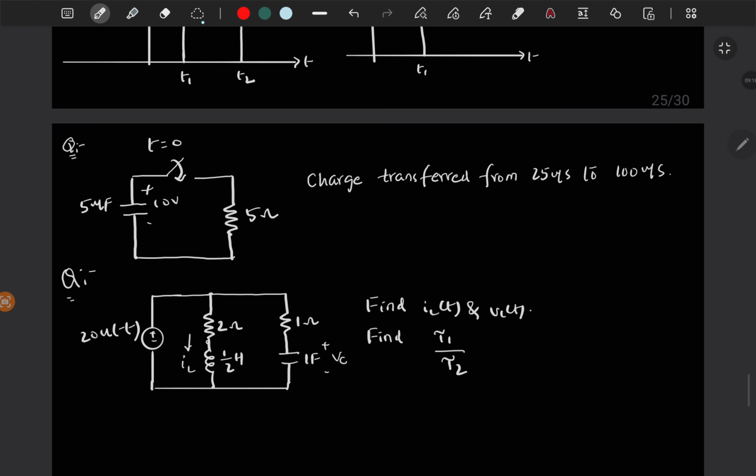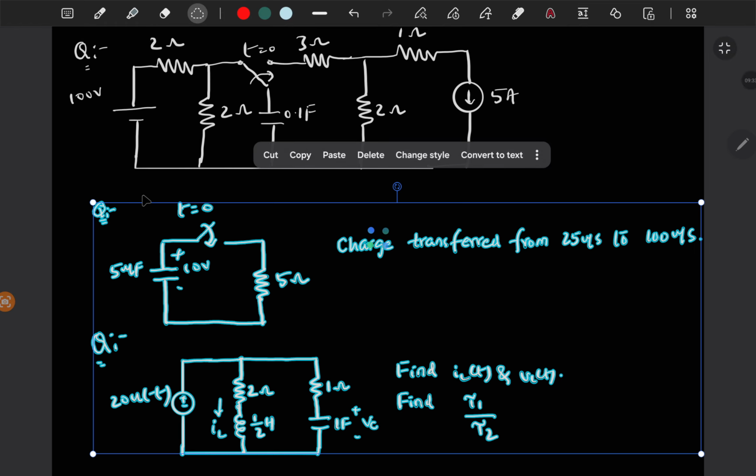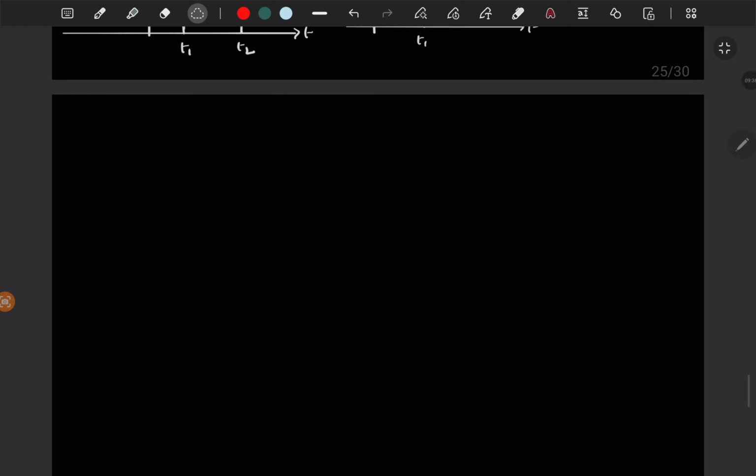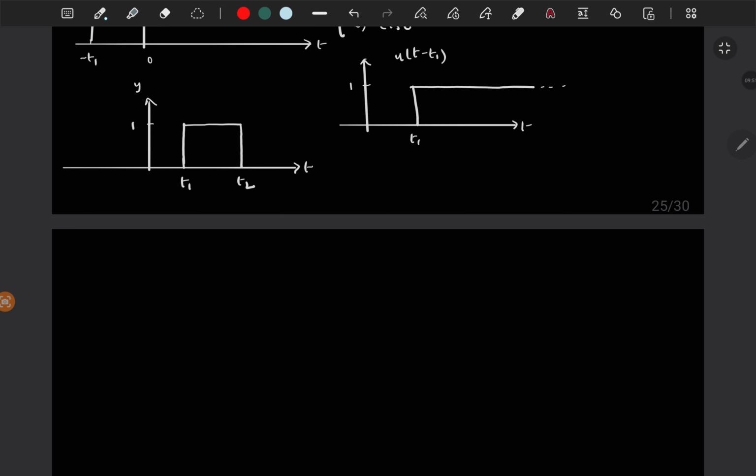Yeah, so keep this aside. So, and also we know, we also know, if the graph is there from t2, till t tends to infinity, then this is u of t minus t1 and this is u of t minus t2.